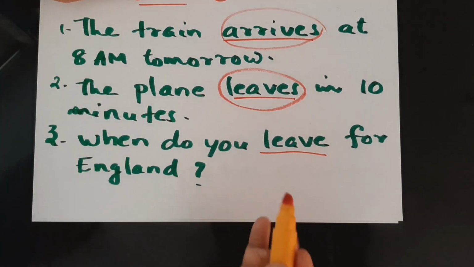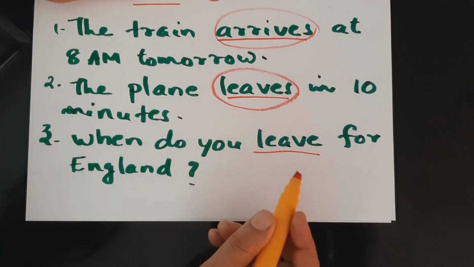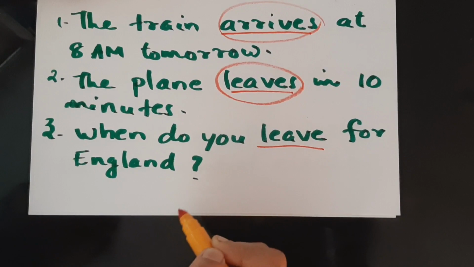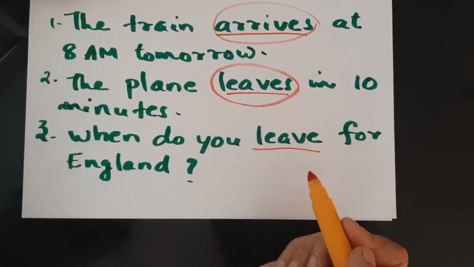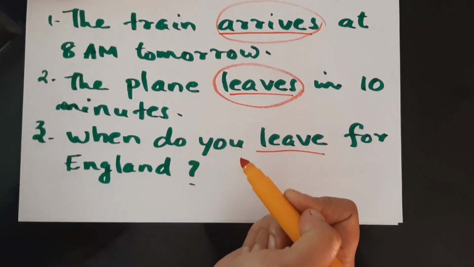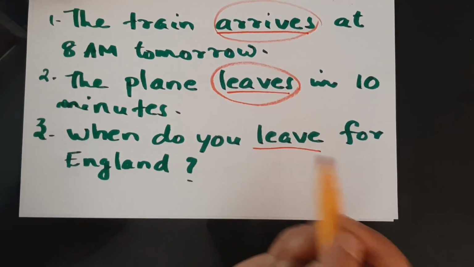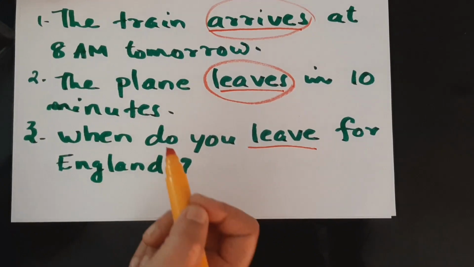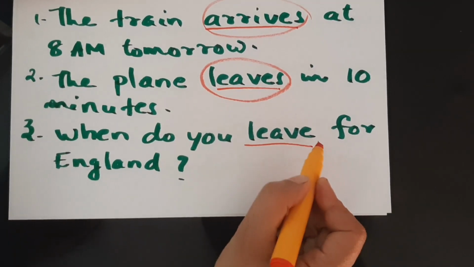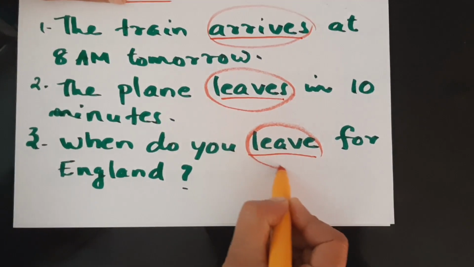Next one, when do you leave for England? The speaker means when will you leave. The reference is future, but instead of that, "when do you leave" is used. That is simple present tense.